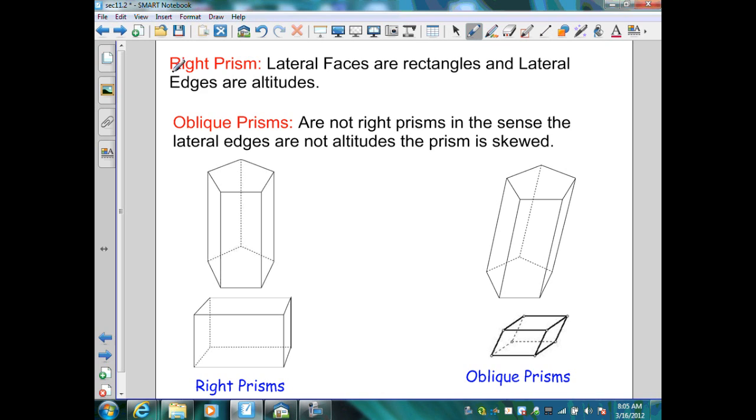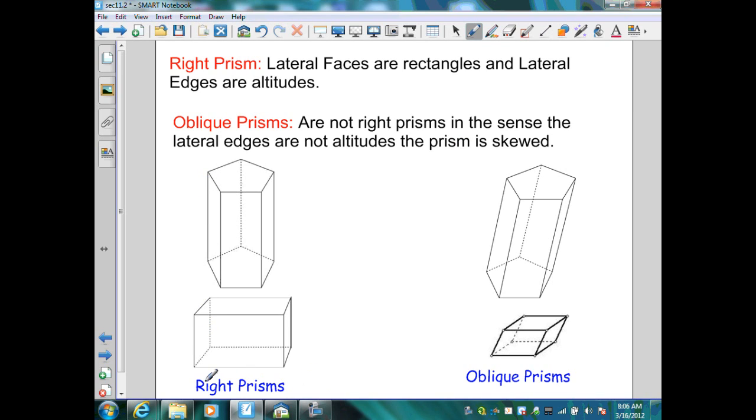To further clarify, a right prism is one where the lateral faces are rectangles and the lateral edges are altitudes. Oblique prisms are not right prisms in the sense that the lateral edges are not altitudes and the prism is skewed. On the left side, we have two diagrams.